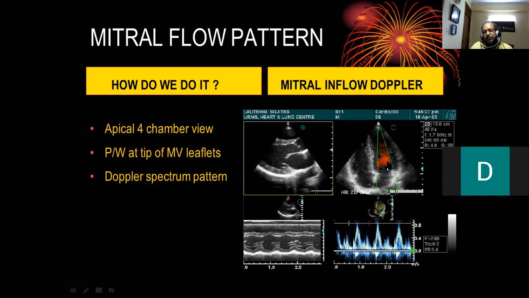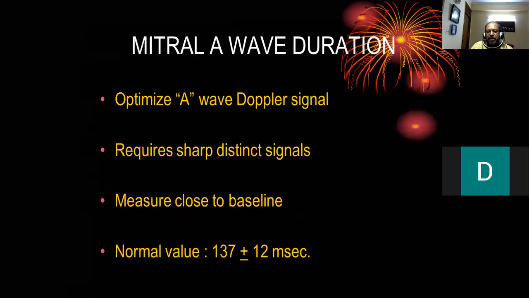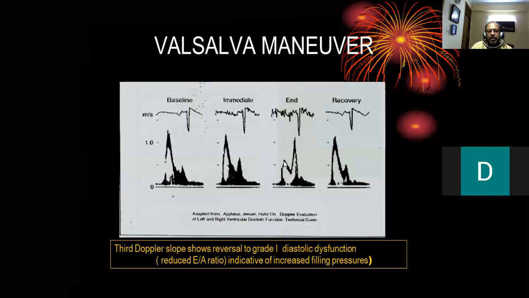Over a period of a few seconds, maybe maximum 1 minute, he automatically goes to Valsalva, and you start finding this pattern changing gradually from this normal pattern to abnormal, and this is known as Valsalva maneuver, and this patient belongs to type 1 or abnormal relaxation.